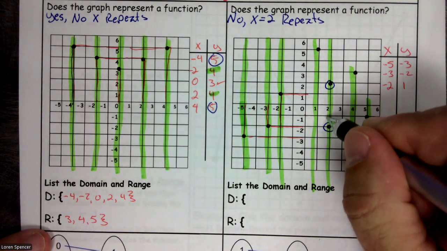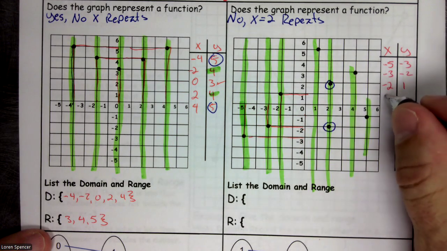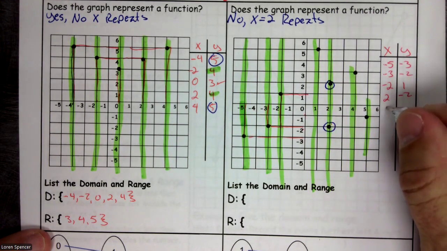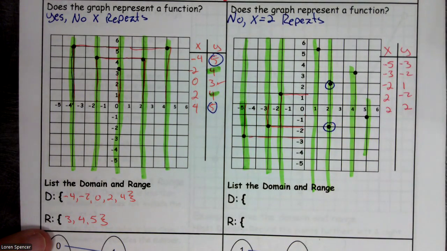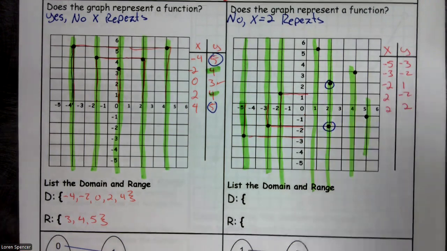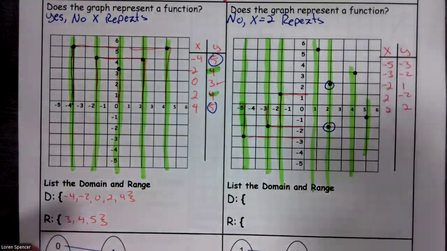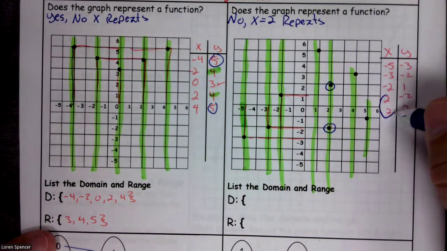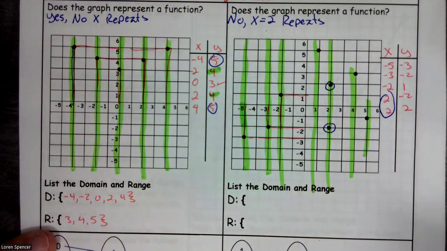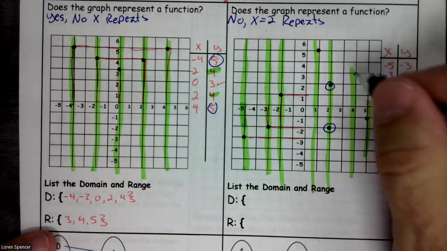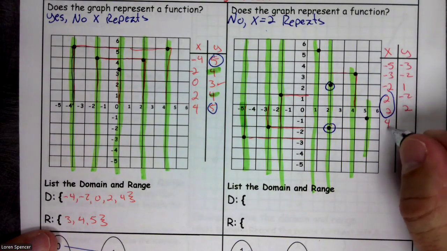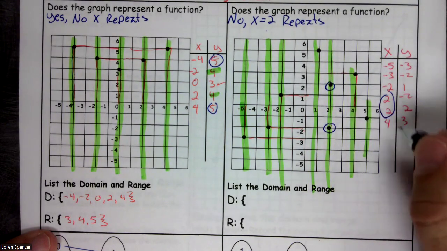And here we have a 2, -2. And we also have a 2, +2. The fact that these x's repeat, x equals 2, is why it is not a function. Then we have a 4, 3, and we also have a 5, -1.